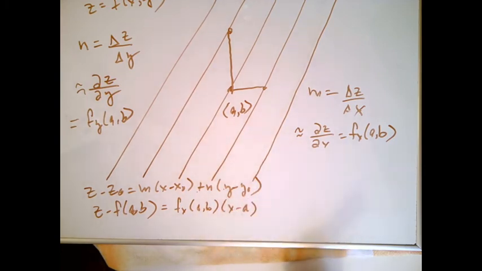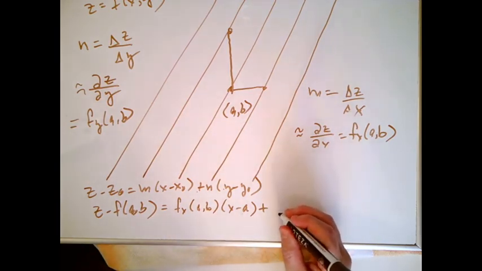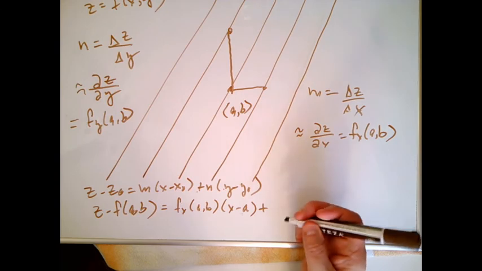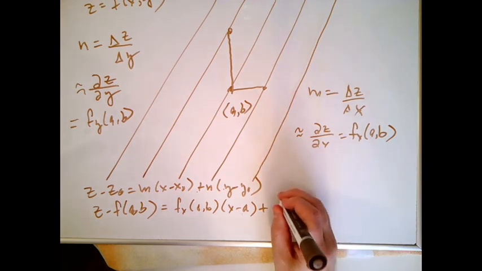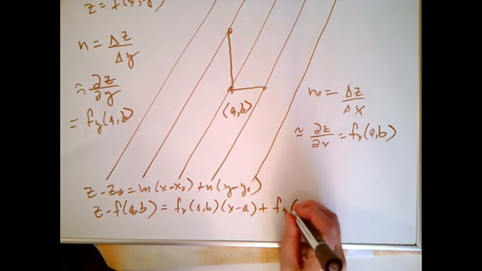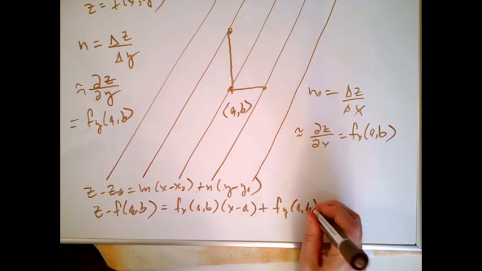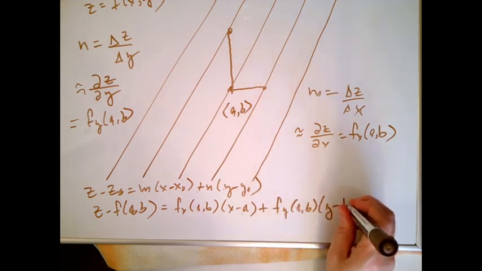And then normally we would have n, but n here is estimating the partial derivative with respect to y, and the smaller delta y gets, the better that estimate gets. So the plane we're actually looking at, and this really mirrors what we did in Calc 1, is fy(a,b) times y minus b.